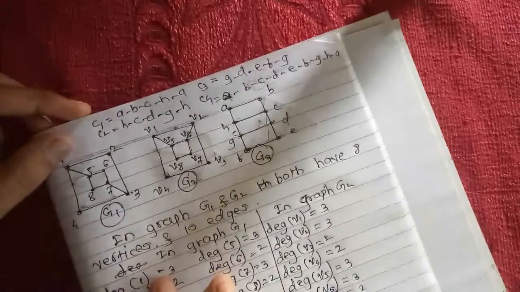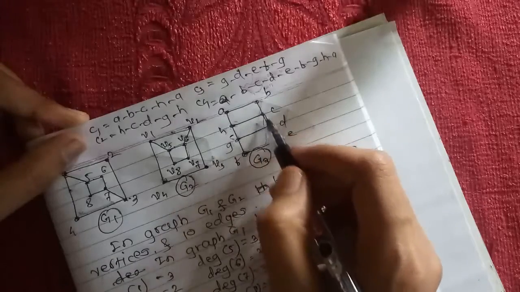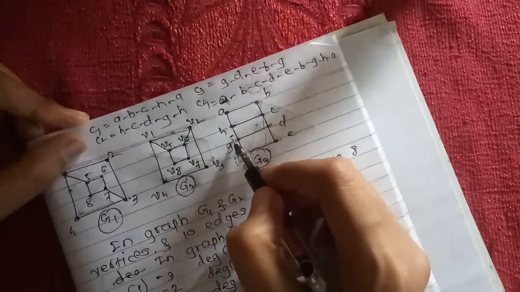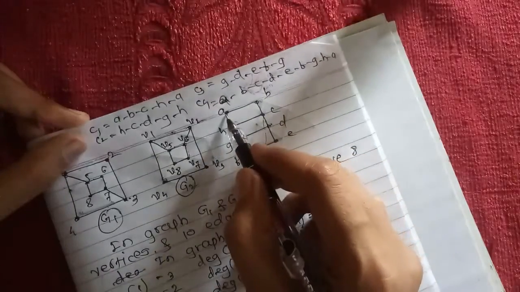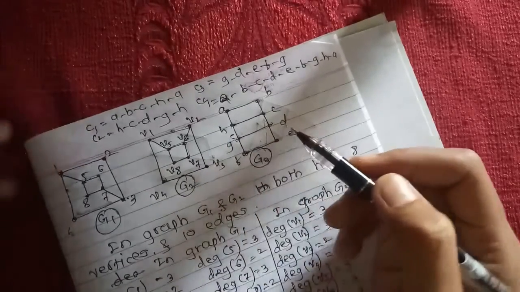Also here is a cycle: A, B, C, D, G, H, A. This is also a cycle, right? Here there are three cycles which have length 4 in the graph.